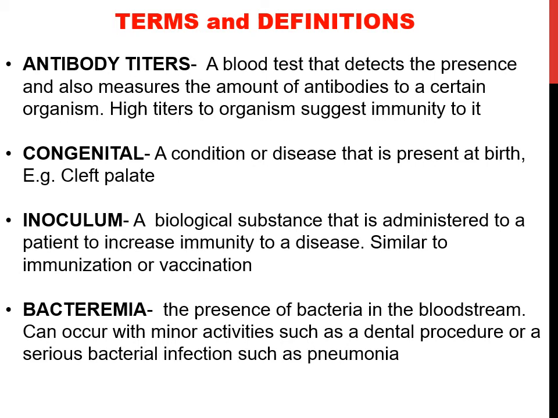So for example, if you have had a series of hepatitis B shots, well, you can go for a blood test afterwards and have your antibody titers to hep B checked to see if you have high enough titers that you're actually immune to that particular infection.